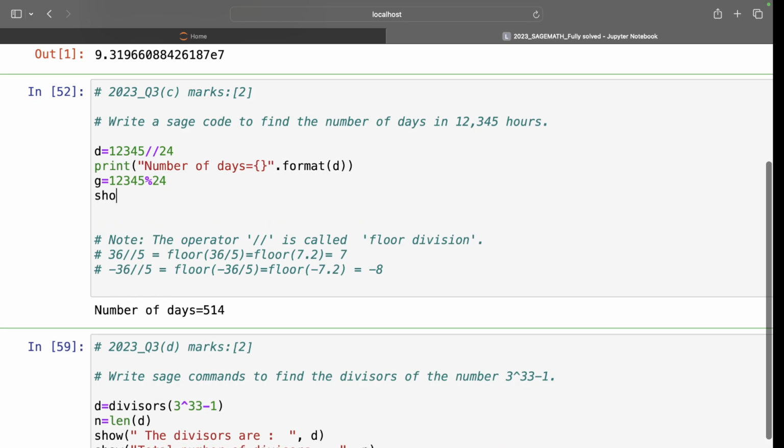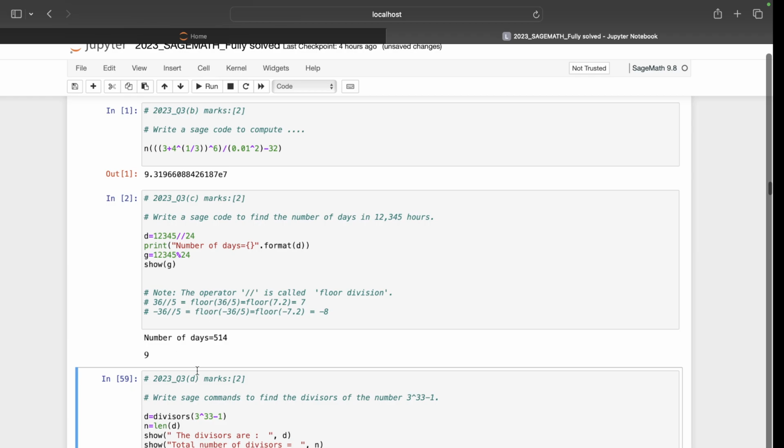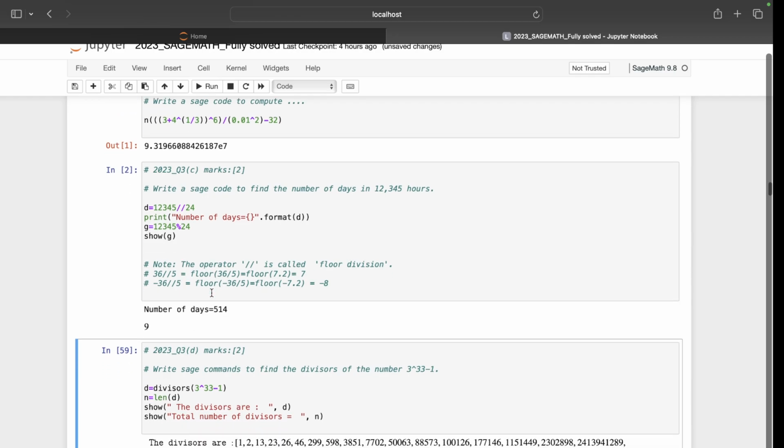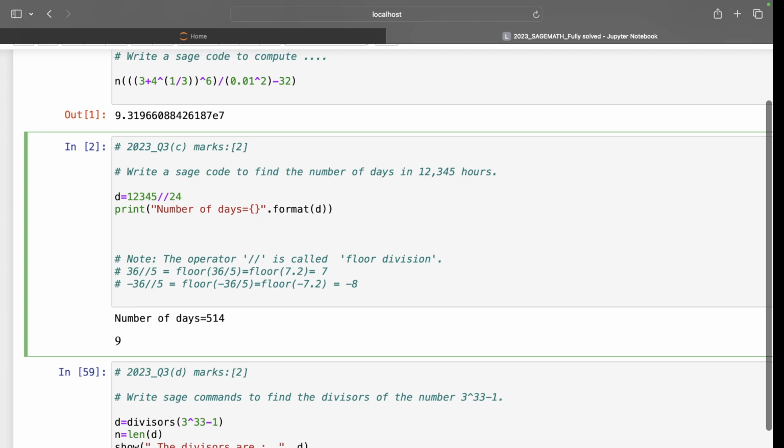So we get 514 days and 9 hours. This part is the remainder part. After division by 24, the quotient part is 514 and the remainder part is 9. Delete this line.